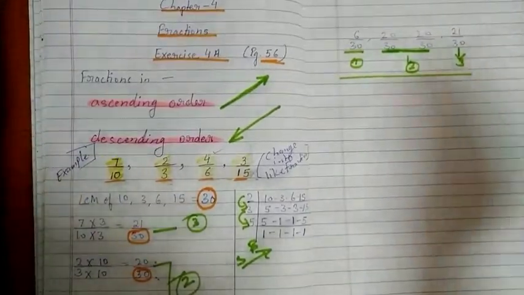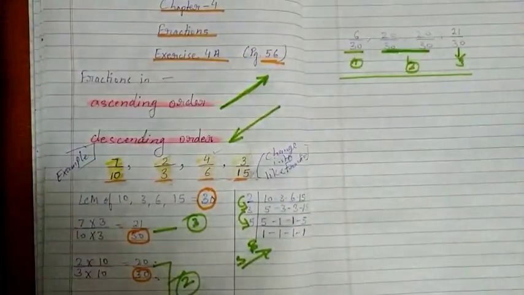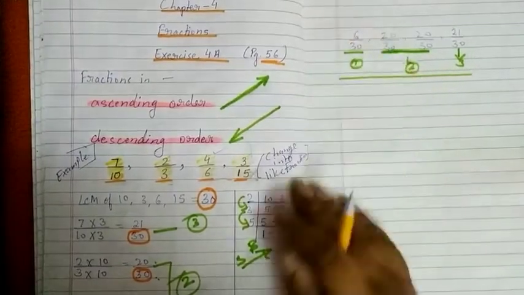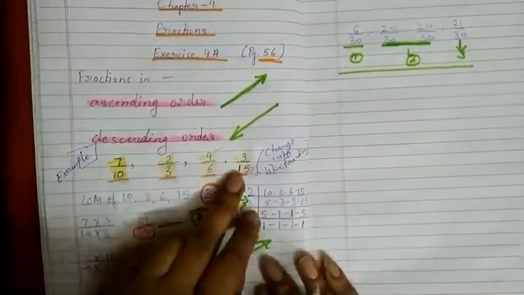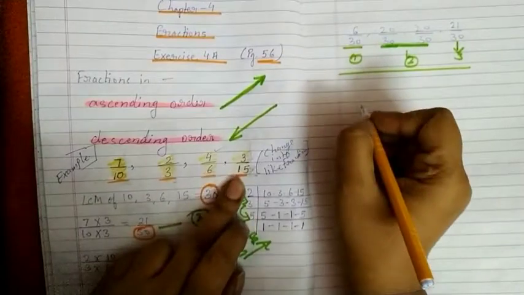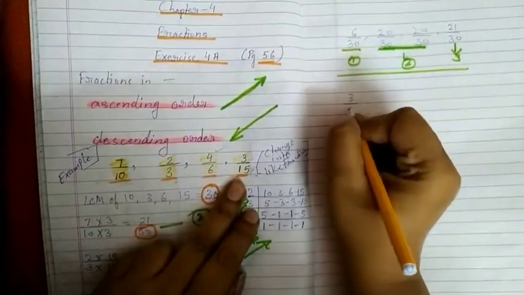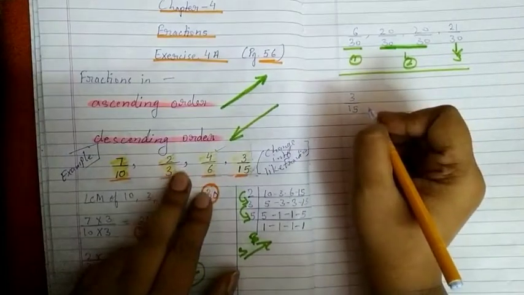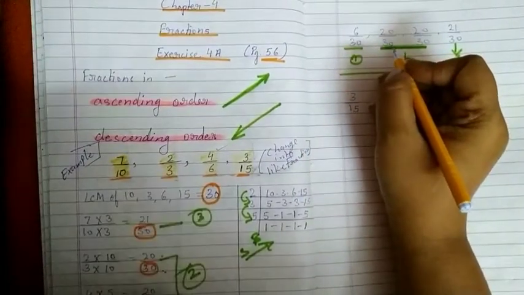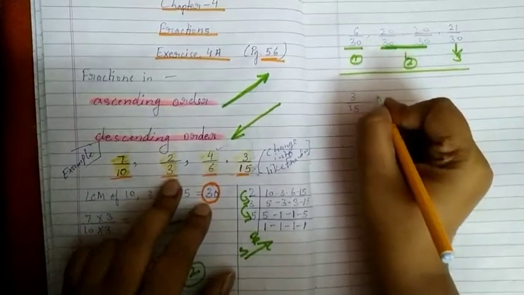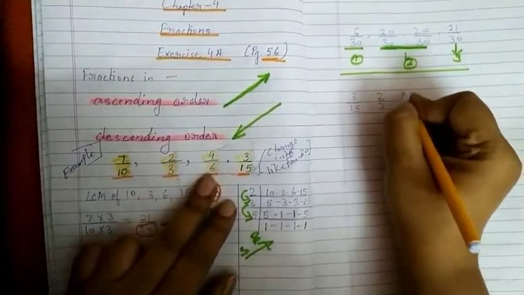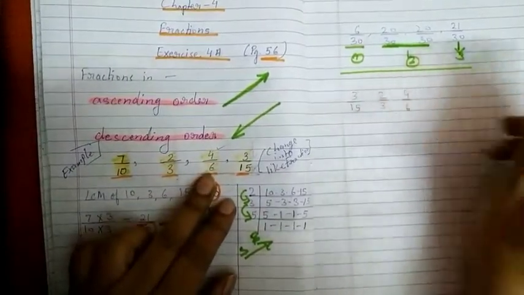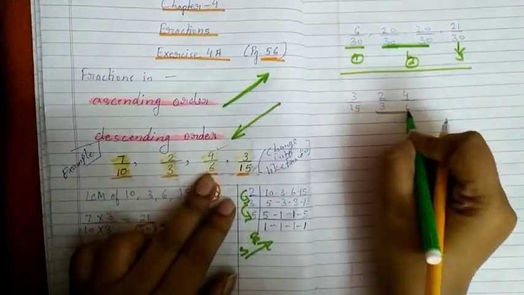Now let's write it in the original form. 6 upon 30 means here 3 upon 15. Then 20 upon 30 means here 2 upon 3 and 4 upon 6. So these both are in second place.